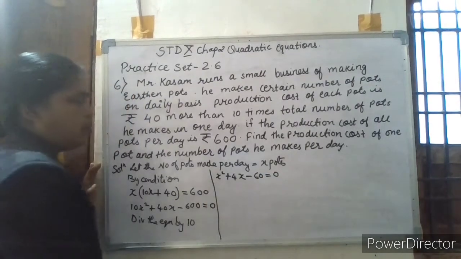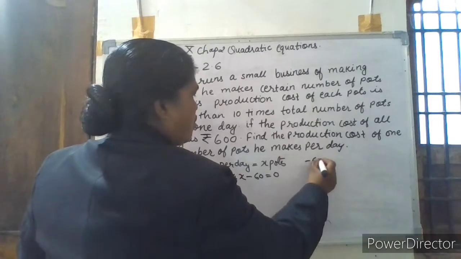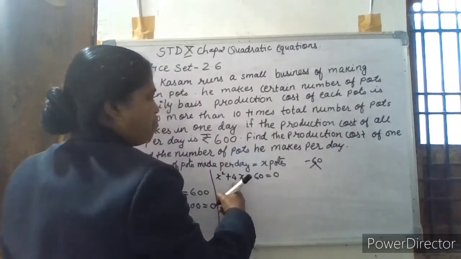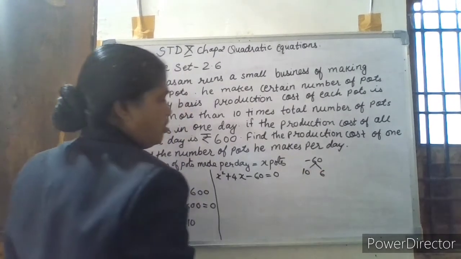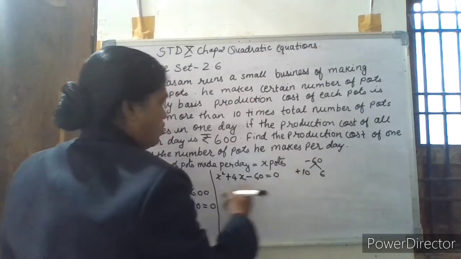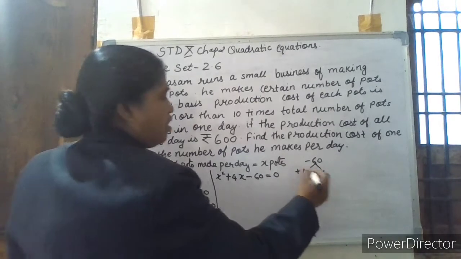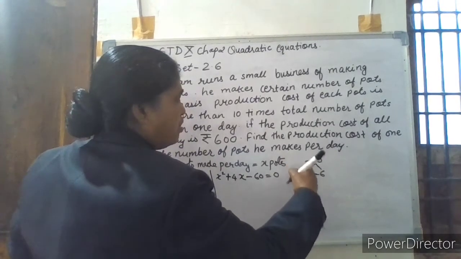Now take this minus 60, you factorize it to get the middle term, plus 4. 10, 6 are 60. The middle sign is plus, so the greater number gets the plus sign, and the other is minus. So plus into minus is minus, 10, 6 is 60.